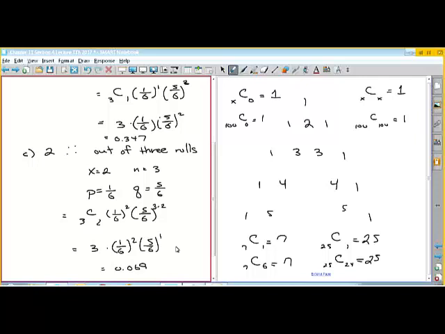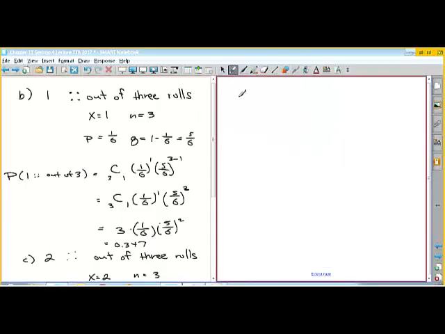So those are two out of 3. There's 4 possibilities here. You can get no 4s, you can get 1 4, you can get 2 4s, and you can get all 3 4s. So since we're talking about it, and it's not that much more of a calculation, I'm going to do the calculation for you, and then we'll look at the results. So probably question A was what is the probability of getting 0 4s out of 3 rolls?